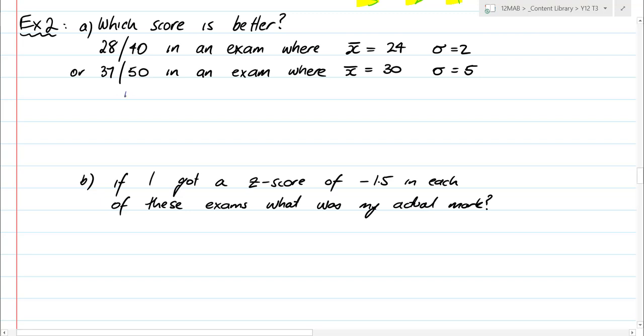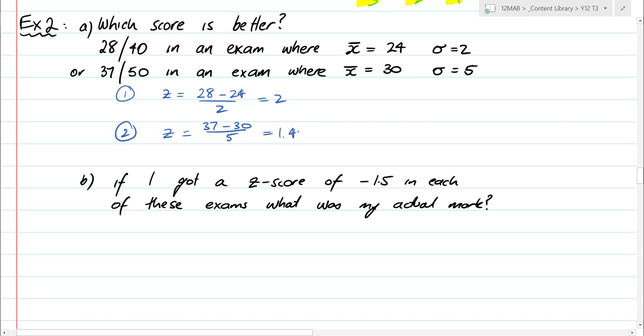So the first one has a z-score equal to 28 minus 24 over 2, which is equal to 2. The second one has a z-score equal to 37 minus 30 over 5, which is 1.4.